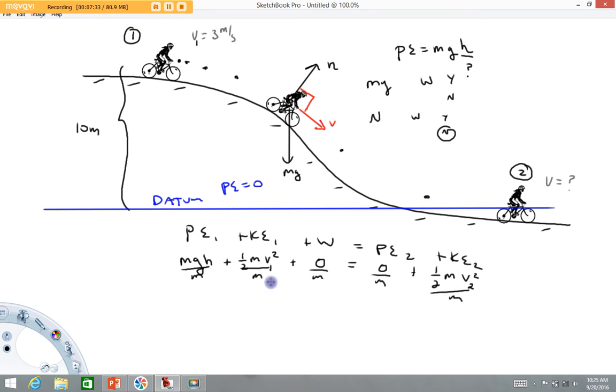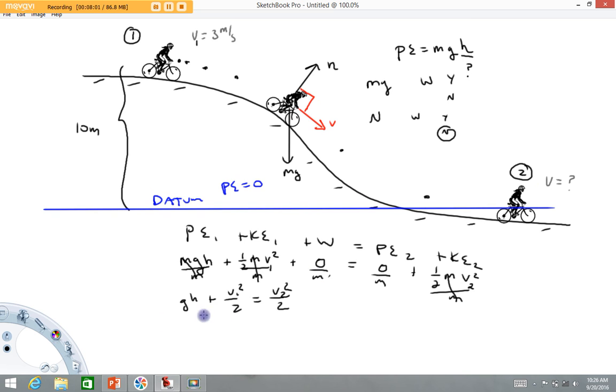I've gone through and divided every term by the mass. Here they cancel. Here they cancel. 0 over m is 0. 0 over m is 0. And then here they cancel. So v2 squared over 2. If we would have had a work term here, it would have looked like some sort of force times distance, and there'd be nothing to cancel that mass. So in that case, the mass would not have divided out.